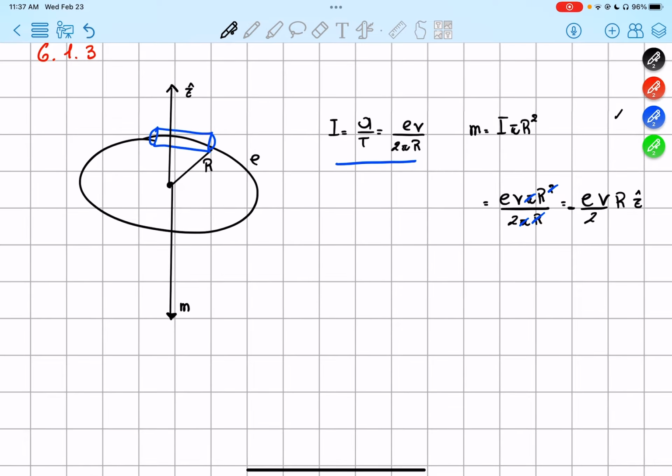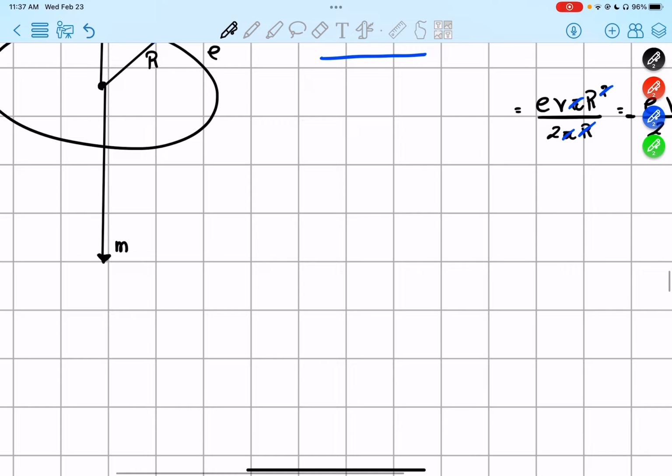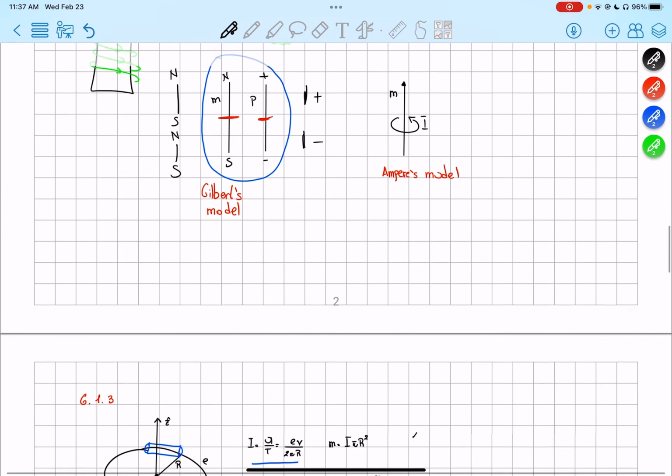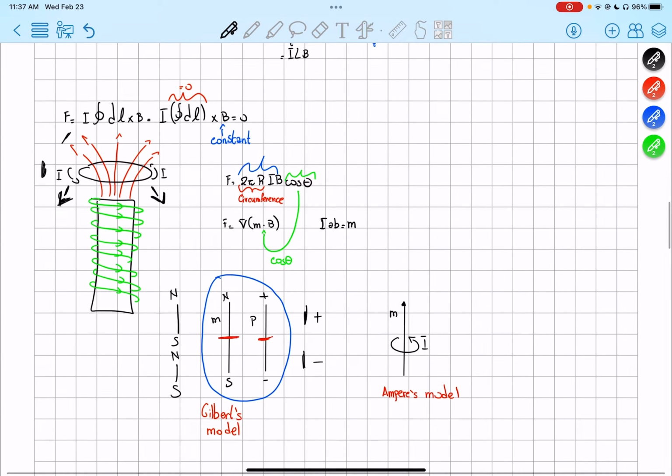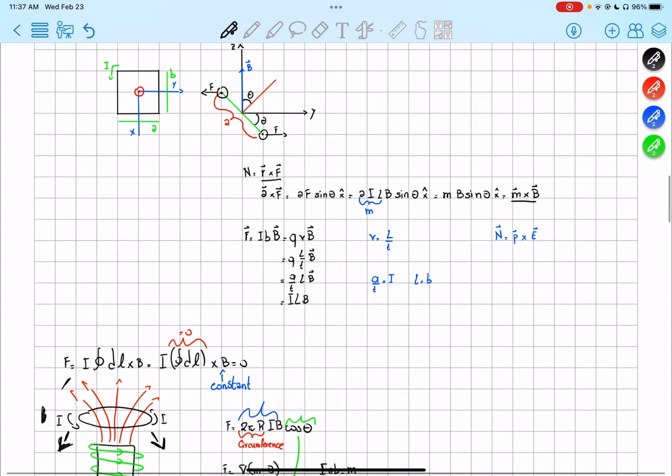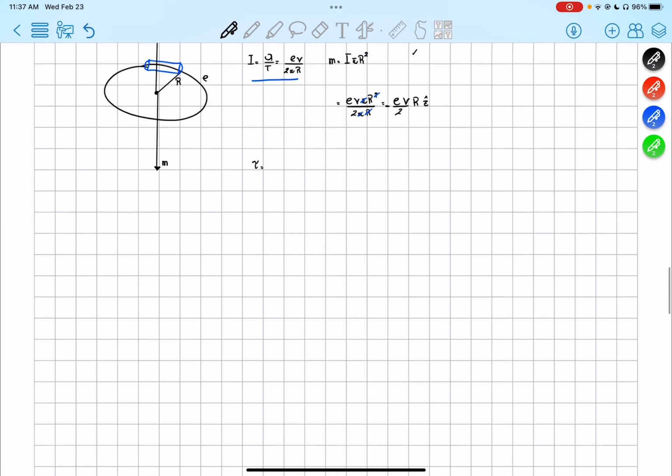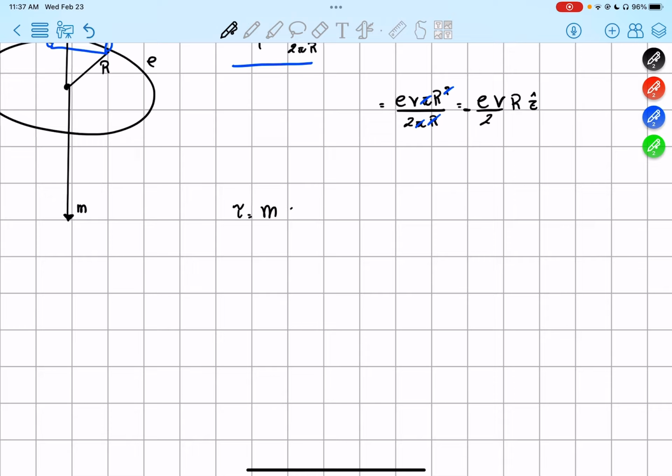All right. But with this, we could find the torque. I'll write it as tau, and we know the torque, from what we proved in the previous videos, is equal to m cross B.